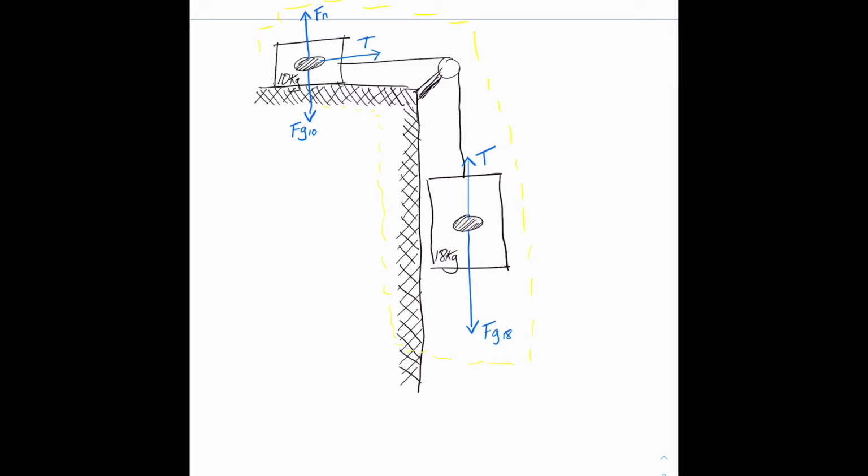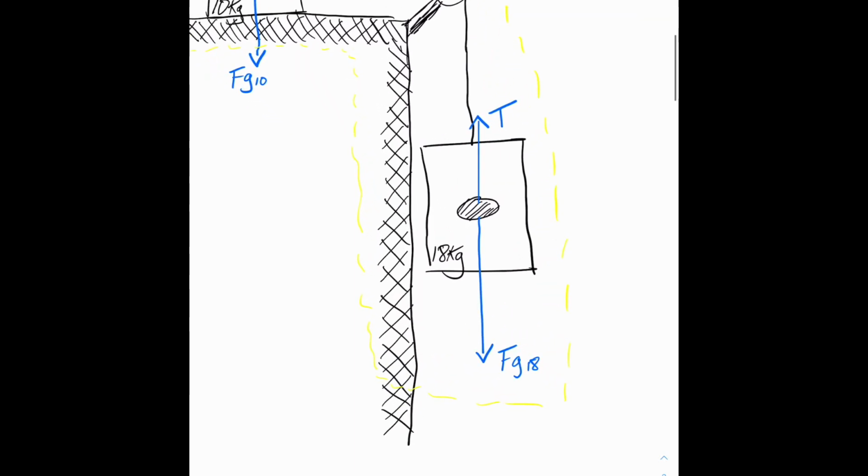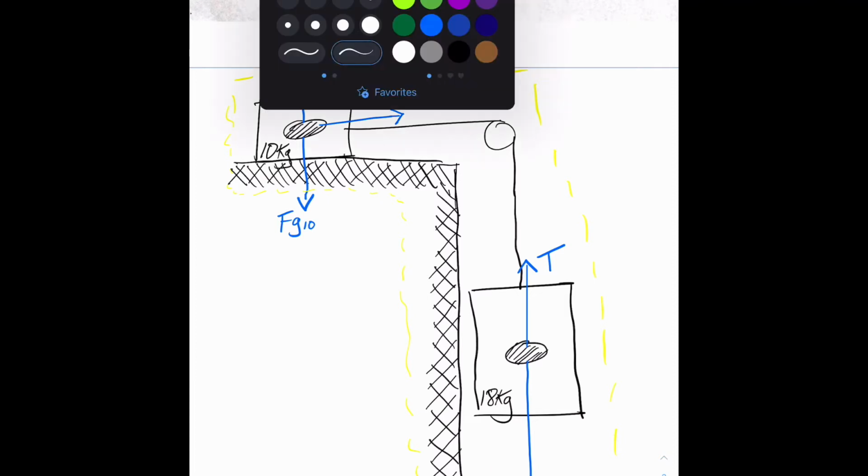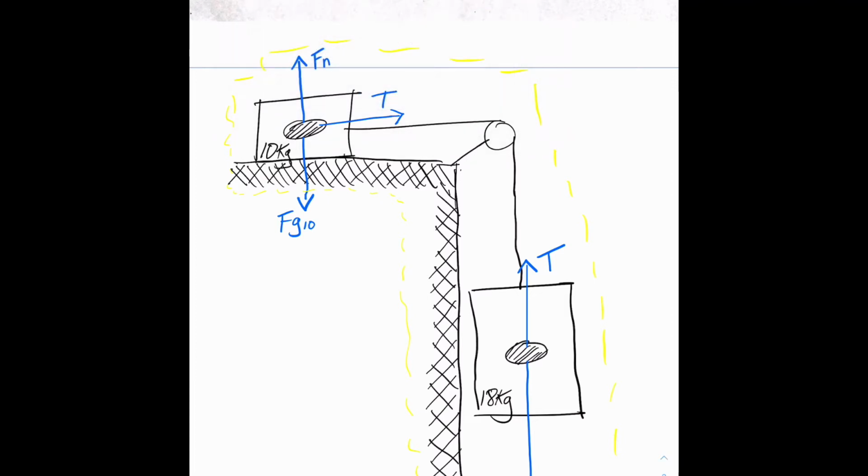And I'm going to get a little bit of table in my system, and that's fine. And so the system is both blocks together. It is not just one block. And so let's go ahead and see. Redraw that. Trying to make this look better.